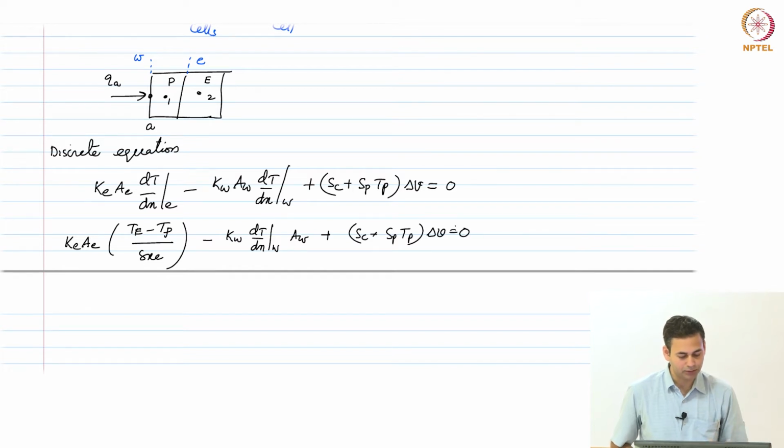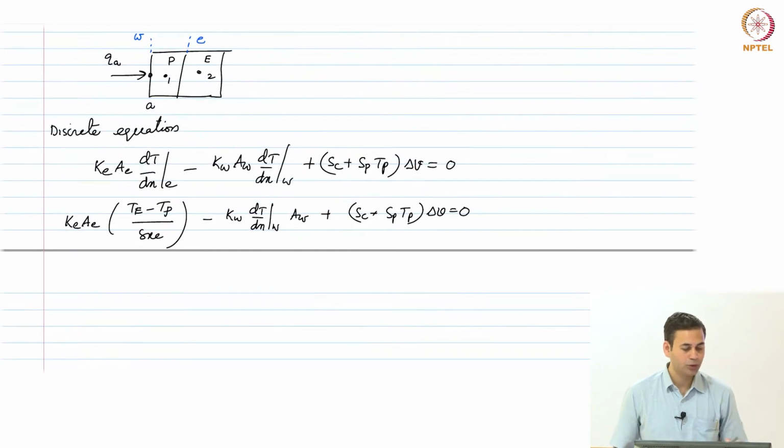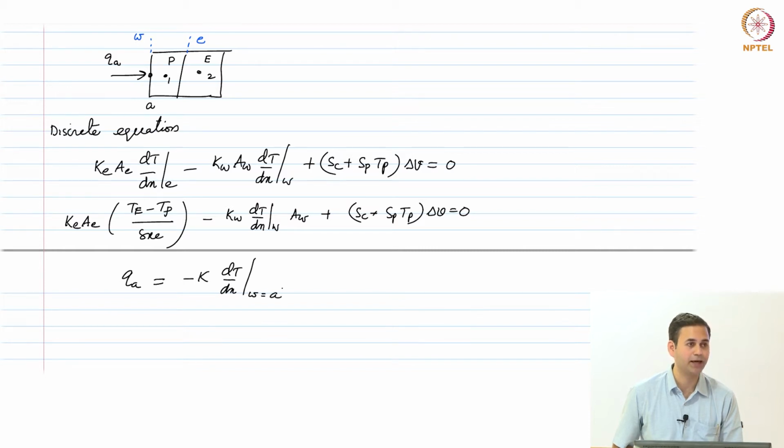Now, what is the definition of QA? QA is minus K dT/dx evaluated at W, which is the same as A. So, I can replace the minus K dT/dx here with QA.